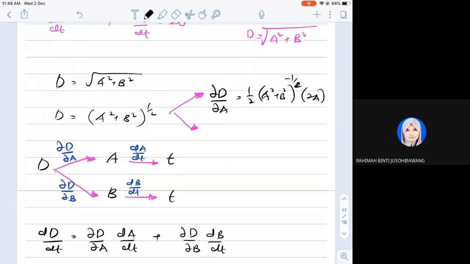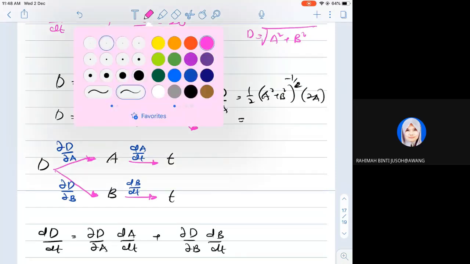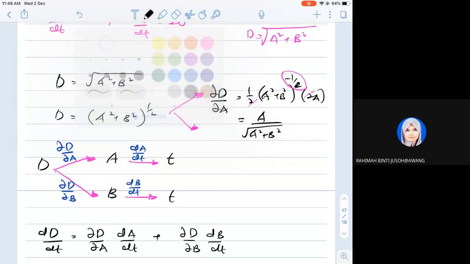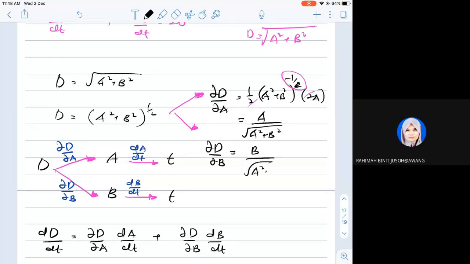The 2s cancel, so we have A over the square root of A squared plus B squared, because the negative half power goes to the bottom. Therefore del D over del B is B over the square root of A squared plus B squared, the same thing.